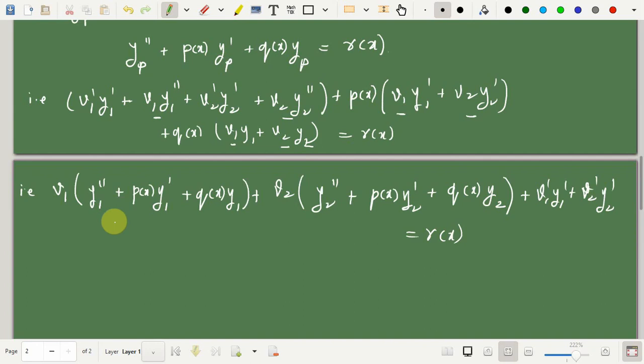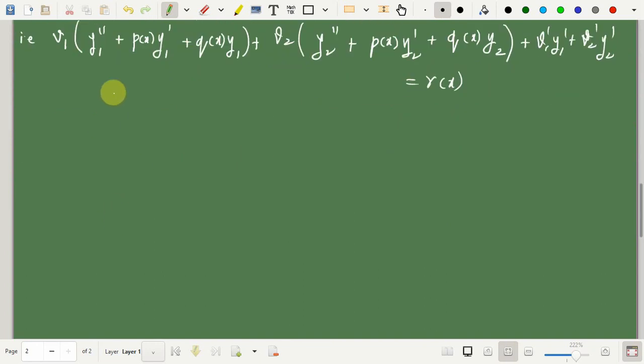Now since you know that y1 is a solution to the corresponding homogeneous equation, this whole expression will be equal to 0, and in the same way this whole expression will be equal to 0.